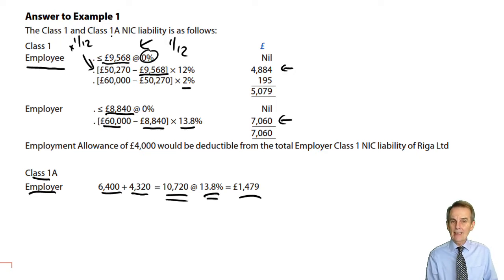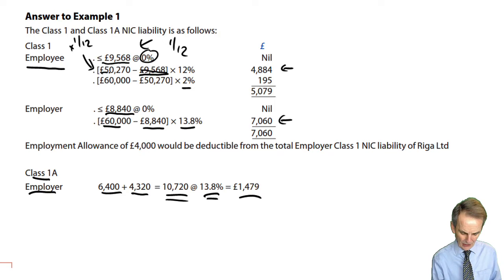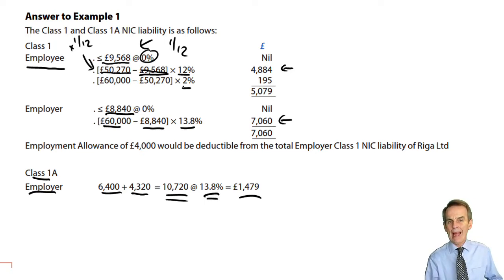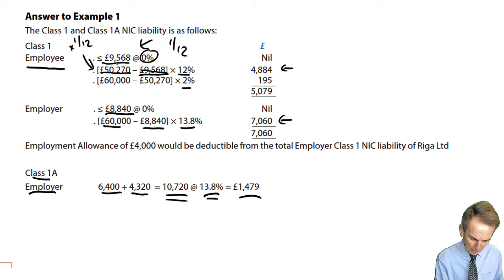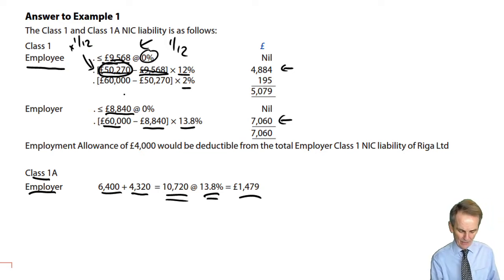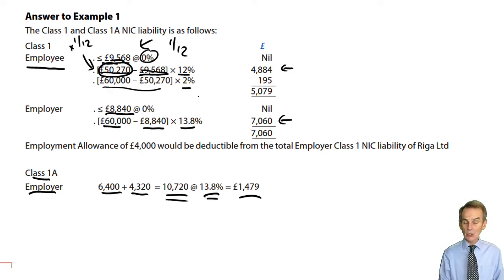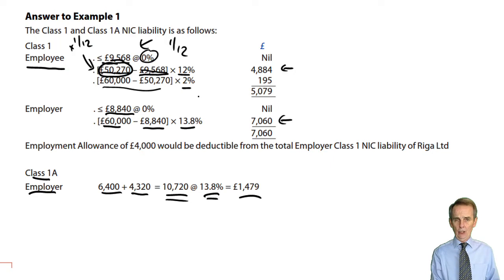On the difference between the 1/12 of 9,568 and the 1/12 of 50,270, you take 12%. Then on the excess, you'd have £5,000 as your monthly salary. Above that 1/12 of 50,270, that is the calculation you do at 2%. So it's a straightforward calculation.